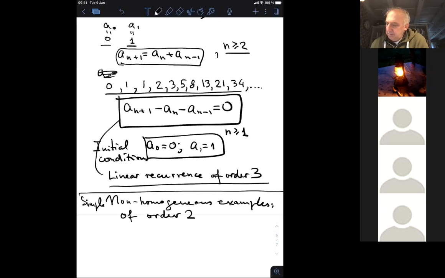So in general, it means that we have a n plus 1 equals some constant c, maybe, times a n, plus some additional number bn. This is not 0 in general.